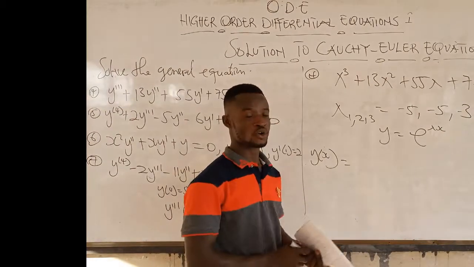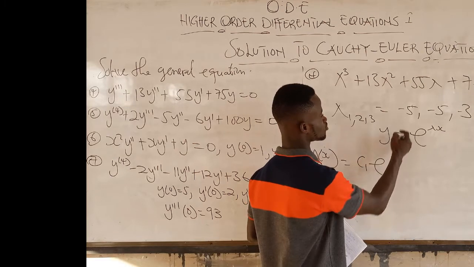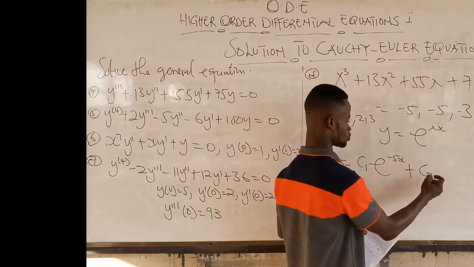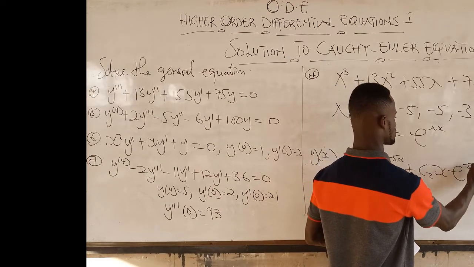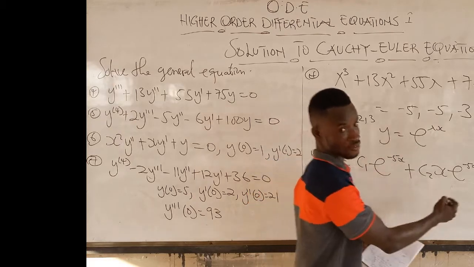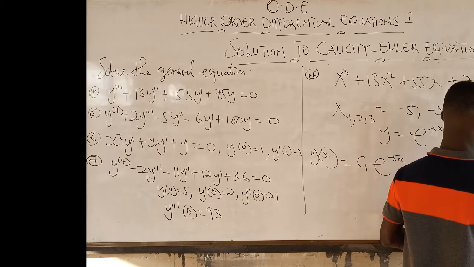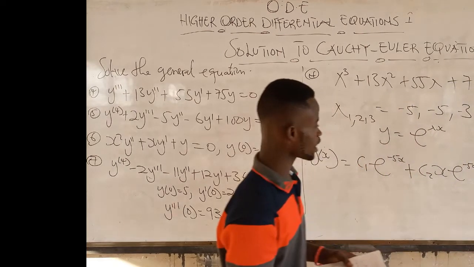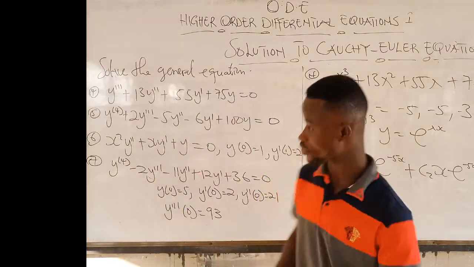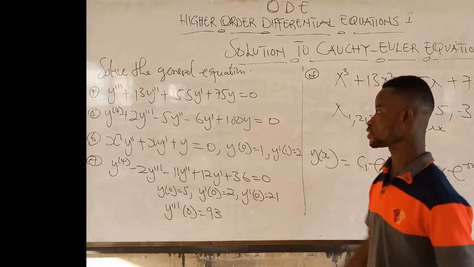This is just a constant coefficient. So C1 e raised to the power negative 5s plus C2 s e raised to the power negative 5s plus, so 1 is here, okay, so we left the last one, C3 e raised to the power negative 3s. Alright, so that's what is going to be the solution to that. So we'll be looking at the rest of the questions. You can pause the video also and try to solve it on your own.